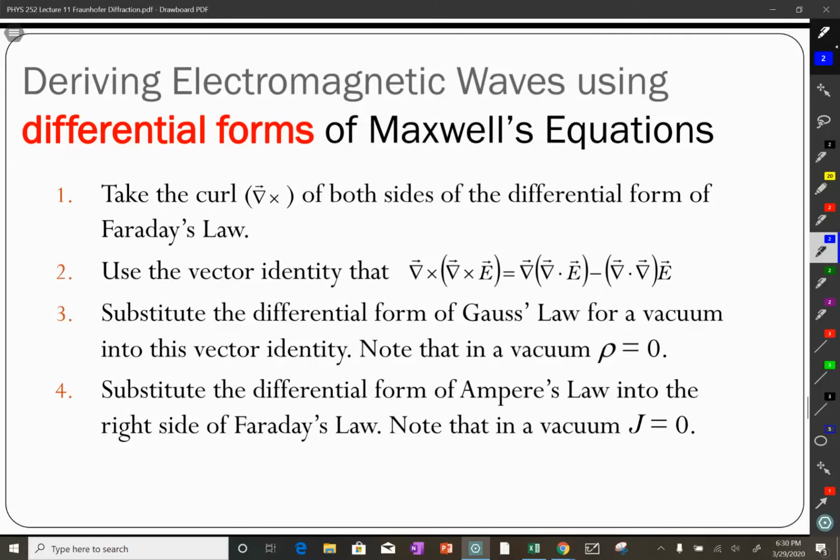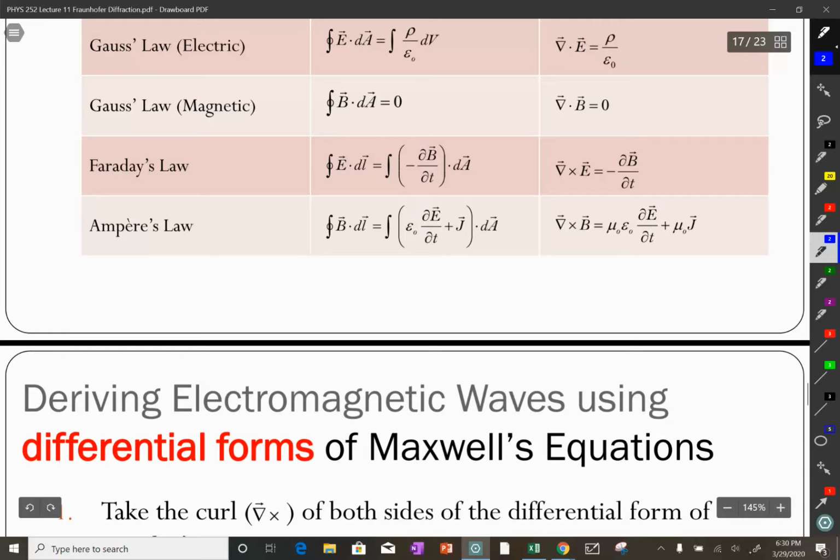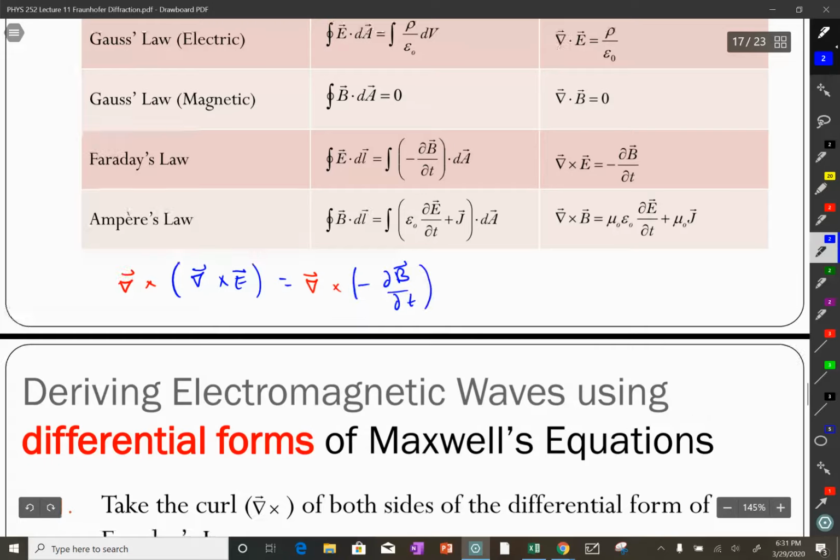So you start with del cross E equals del cross, and actually I should have used some color coordination here. Remember, del cross is the curl of. So there's the first step.